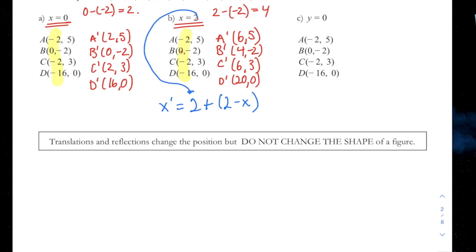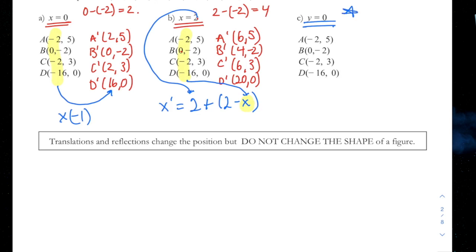So in this case, if I call these highlighted values x, I know that my translated image is going to be 2 plus 2 minus x. Now if we go back to A, it's actually way simpler because there is no offset from the y-axis. All I have to do to get my new values is multiply my x values by -1.